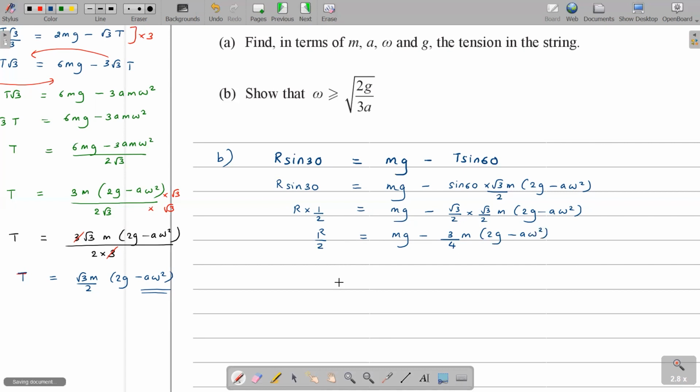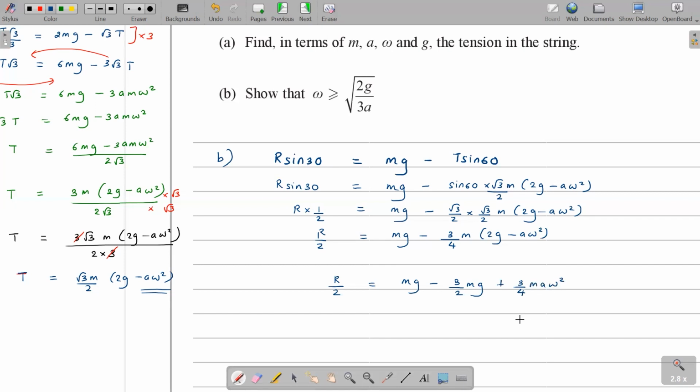So I end up getting here R over 2 equals mg minus 3 over 4 m into 2g. How much is that? 3 over 4 into 2 is 3 over 2 mg, right? Minus into minus, then I get plus 3 over 4 ma omega square.